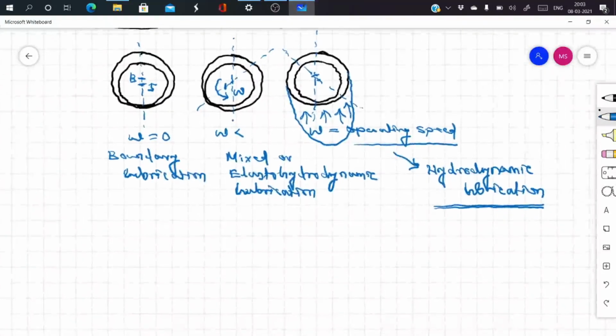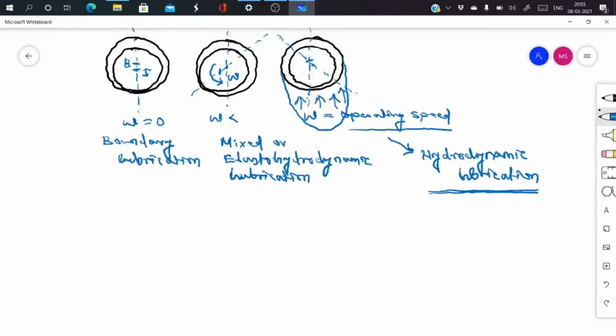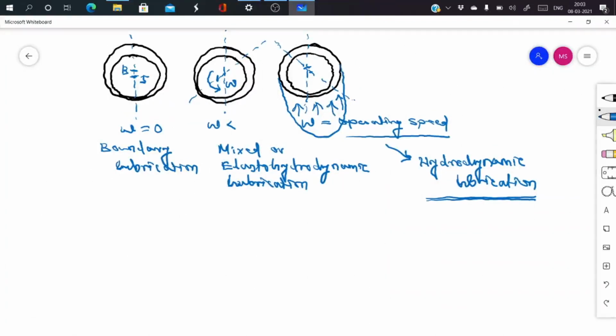To further understand this, let us draw a graph.